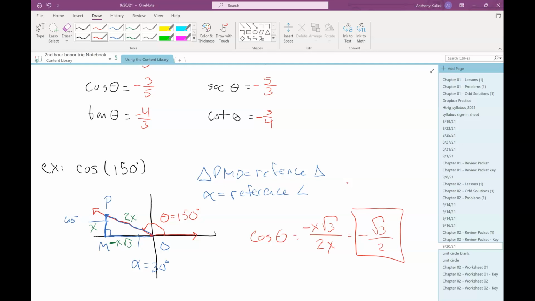So what's the takeaway here? Well, the takeaway is any of these angles whose reference angle is going to be 30, 60, or 45, we can find the exact value for. Everybody's good with that?